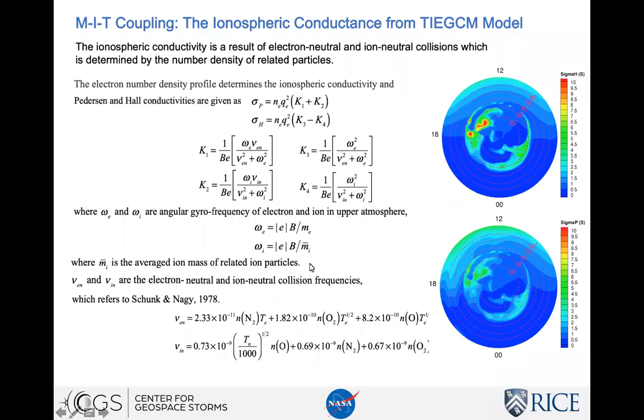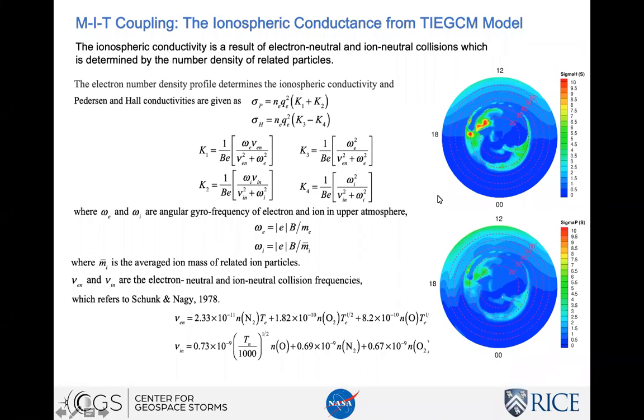Here you can see if you get the ion distribution, you will get an average mass of the ions, which decides the cyclotron frequency that is reflected in the Pedersen and Hall conductivity, and also the ion-neutral and electron-neutral collision frequencies are decided by the neutral densities, which are actively tracked by the TiGCM model.